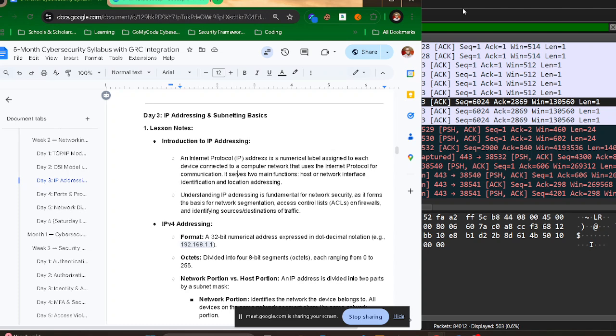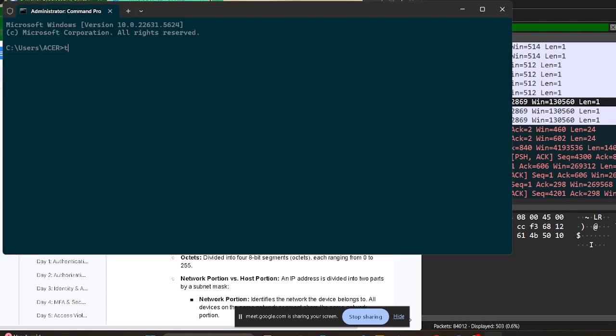And then from my ISP, it will go wherever I want it to go. Like if I want to visit facebook.com, it will not go directly to the Facebook server.